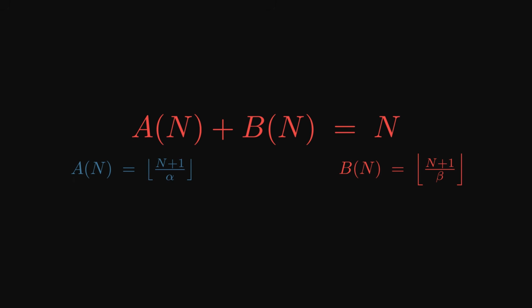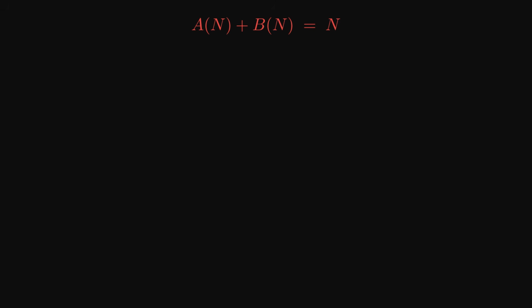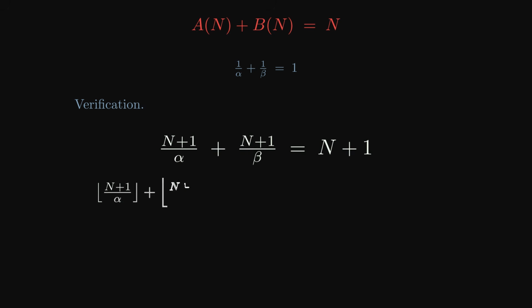The verification of A of n plus B of n equals n uses the relationship 1 over alpha plus 1 over beta equals 1. Multiplying through by n plus 1 gives n plus 1 divided by alpha plus n plus 1 divided by beta equals n plus 1. Floor of n plus 1 divided by alpha plus floor of n plus 1 divided by beta is essentially n plus 1 minus the fractional parts.